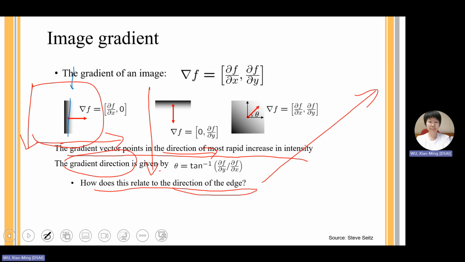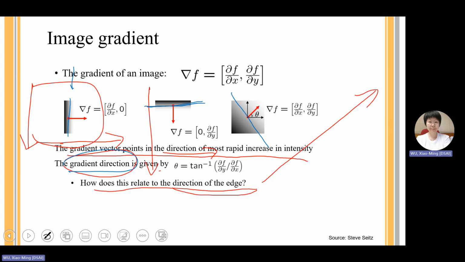For the second image, there are only horizontal edges. For the third image, the edges are in this direction. So what is the relationship between gradient direction and edge direction?